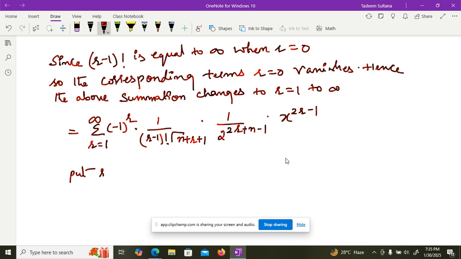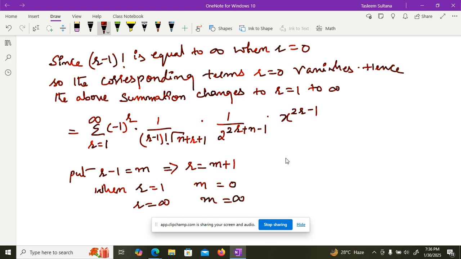We will substitute r minus 1, which is equals to m, implies r is equals to m plus 1. What is going to happen when r is equals to 1? m is equals to 0. When r is equals to infinity, m is equals to infinity.